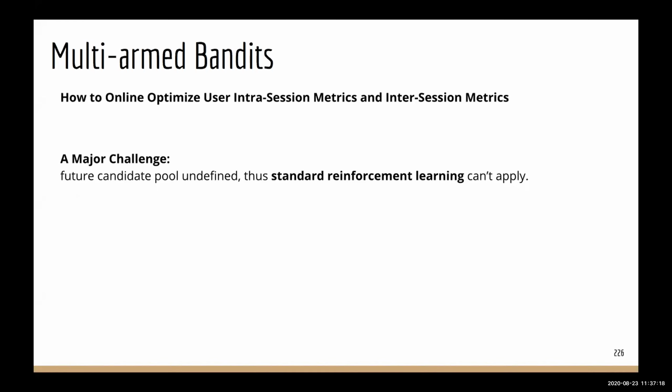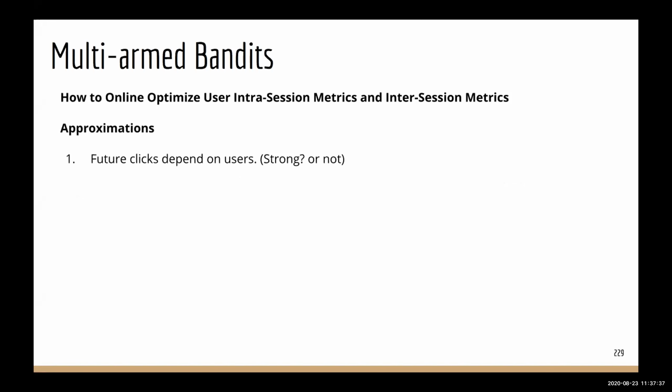The candidate or item pool is changing and more or less unbounded, so it is very hard to quantify. Some of the standard techniques probably won't apply easily, so we need some kind of approximations.